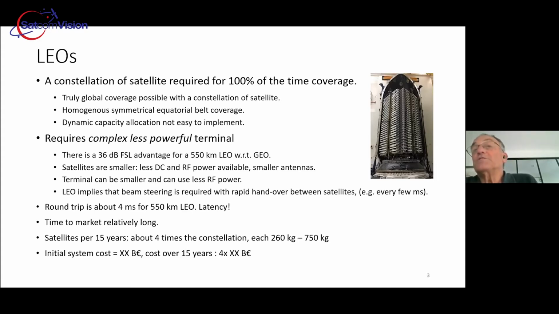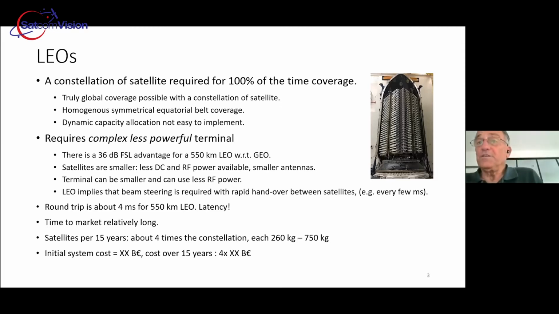Compared to GEO, there are 36 dBs of free space loss advantage. The satellites are smaller, so there's less DC power available and therefore less RF power available. And the antennas are also smaller, so you can't use the 36 dBs for the terminal, but the terminals can still be smaller and lower power.